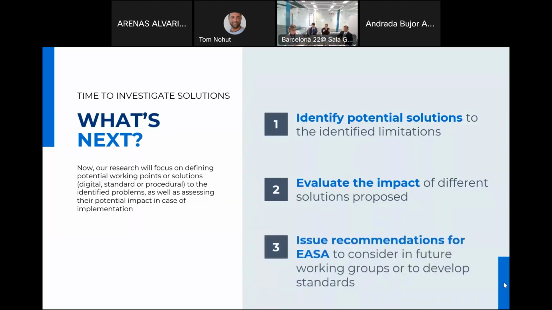And finally, with this evaluation and what we observe from those solutions that will add major value to our industry, we will issue some recommendations for EASA to consider in the future. EASA is a regulator, but these recommendations do not need to go through a regulatory perspective, but they can also be in the form of working groups, training sessions, additional standards, etc.